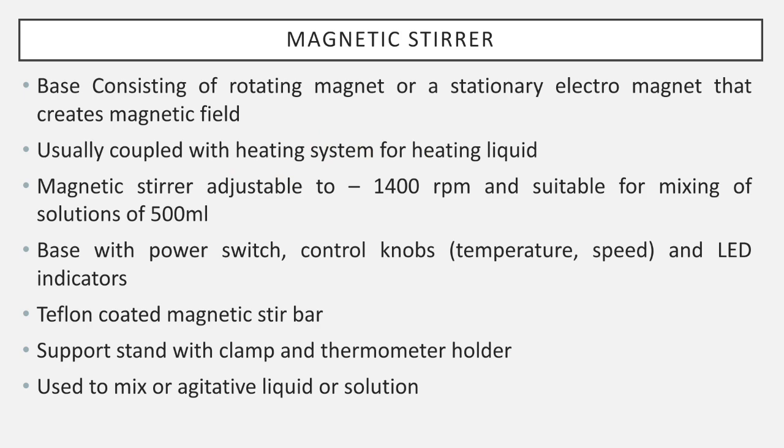The magnetic stirrer is adjustable up to 400 rotations per minute, RPM, and is suitable for mixing solutions of 500 ml or half a liter. The base usually contains a power switch and controlling knobs which control both temperature and speed, and LED indicators which indicate the temperature and speed, and also a Teflon coated magnetic stirrer bar which mixes the solution, and a support stand with clamp and thermometer holder.